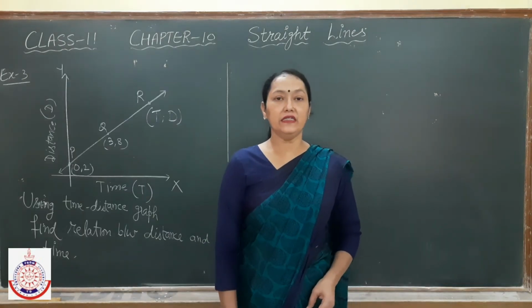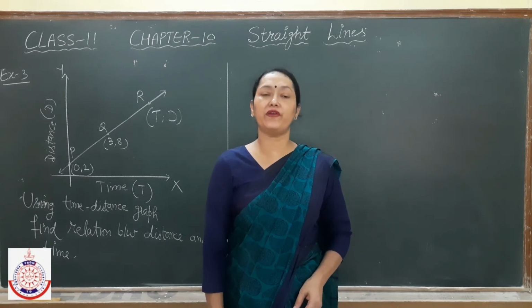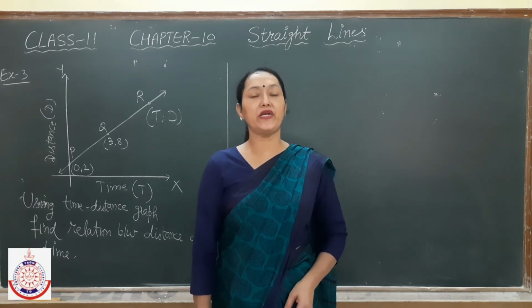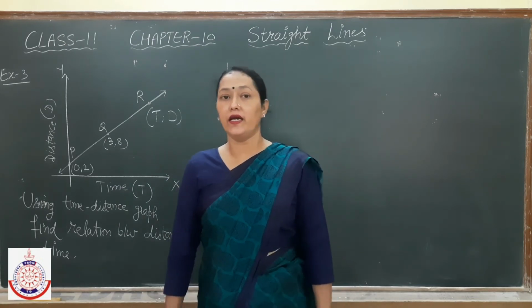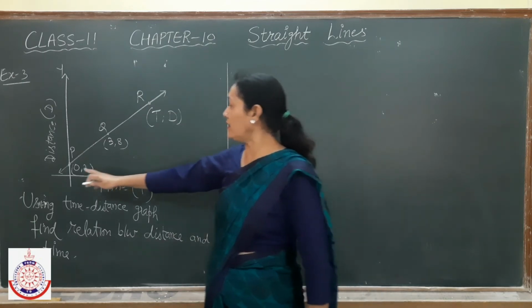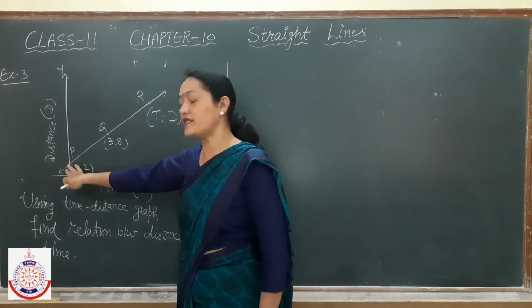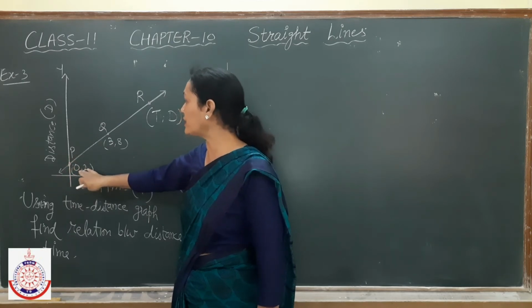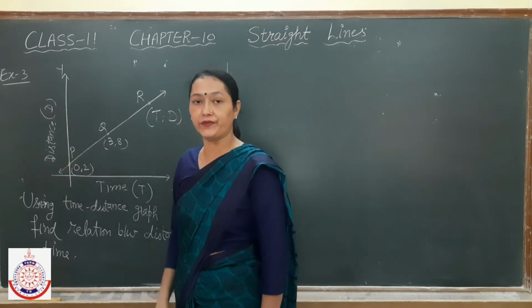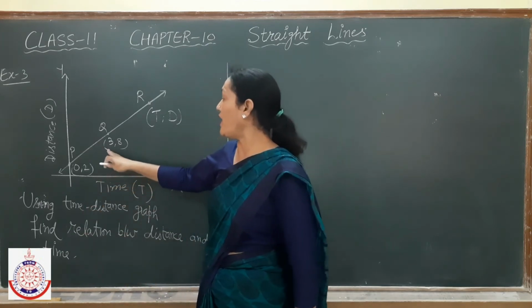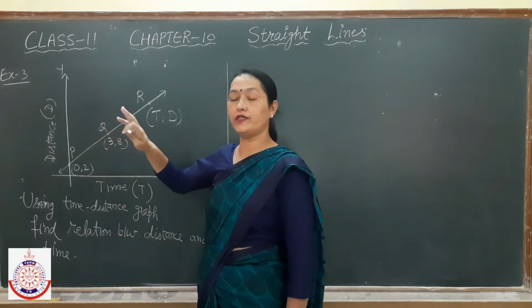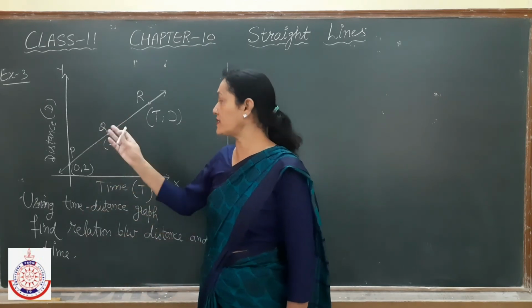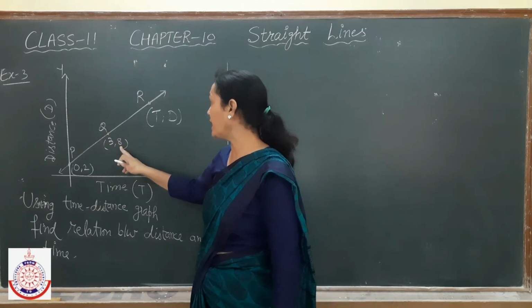Example that I have taken, here they have given us a graph of time and distance showing linear motion. Initially, when the journey has not started, the distance is 2 units. After 3 units of time, the distance became 8 units.